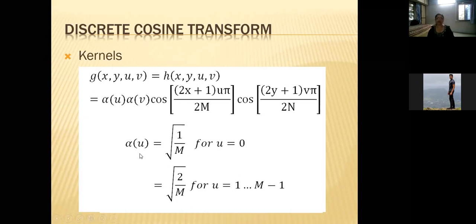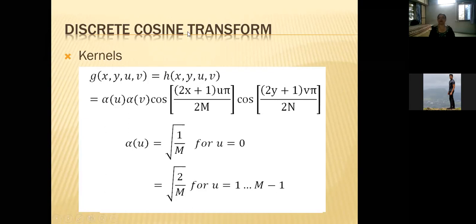And when u is not equal to 0, that is when u is in the range 1 to m minus 1, or v is in the range 1 to n minus 1, alpha u or alpha v is given by square root of 2 by m. So this is your forward transformation kernel for DCT.